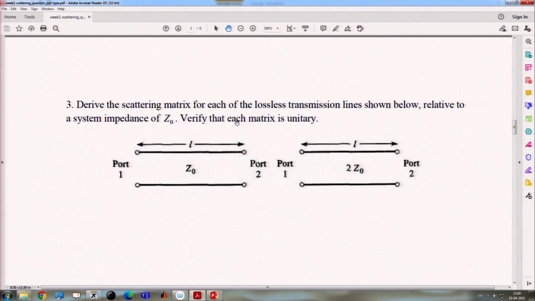So, first we will go to the first problem that has characteristic impedance Z naught.